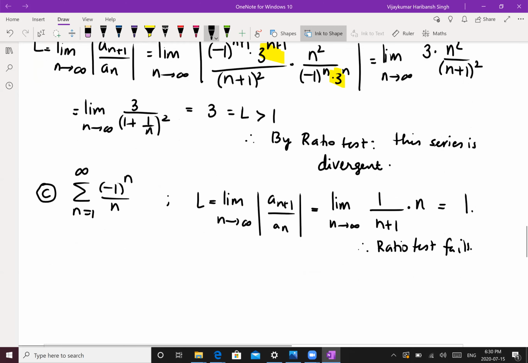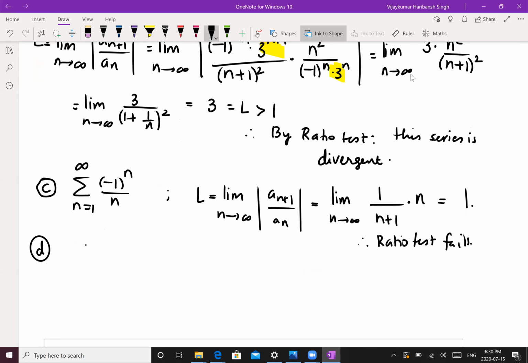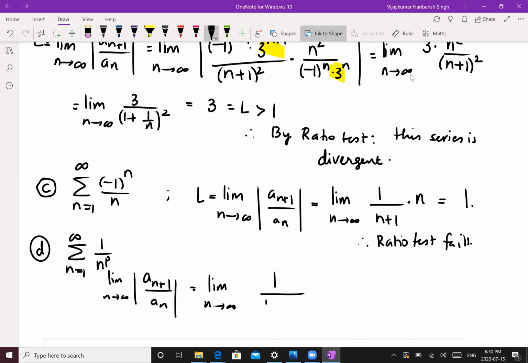In fact, let me take a variation of this, the summation n equals 1 to infinity of 1 by n to the power p. We know that this is the p-series, and it converges if p is greater than 1 and diverges if p is less than or equal to 1. However, if you compute the limit as n goes to infinity of a_(n+1) upon a_n, this is going to be the limit of 1 upon (n plus 1) to the power p, multiplied by n to the power p.